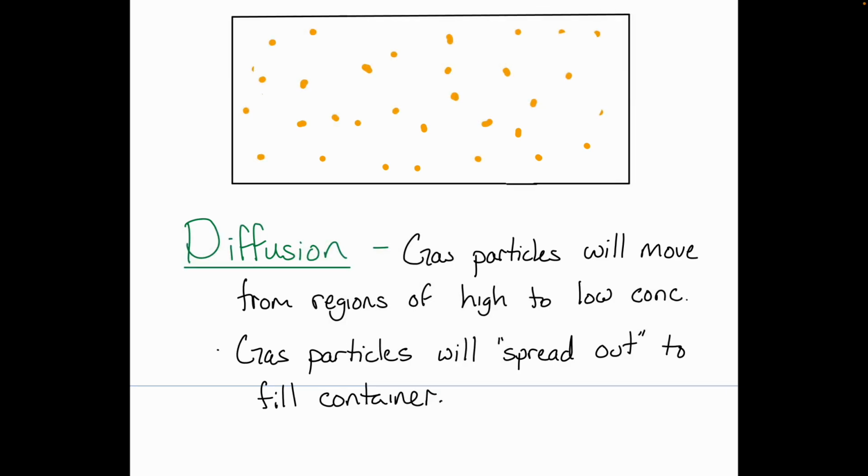I'm not worried about randomly walking into the hallway and passing out because there aren't any oxygen atoms over there. No. The oxygen spreads itself out perfectly throughout every corner of this room. So gases diffuse: they will spread themselves out to fill a container, or strictly speaking, spread out from areas of high concentration to areas of low concentration.